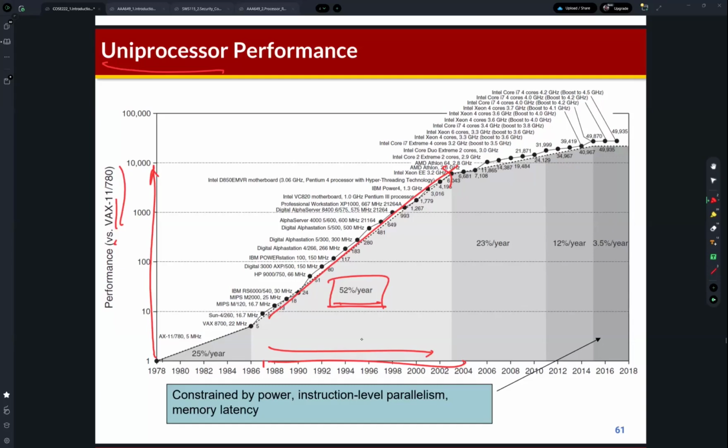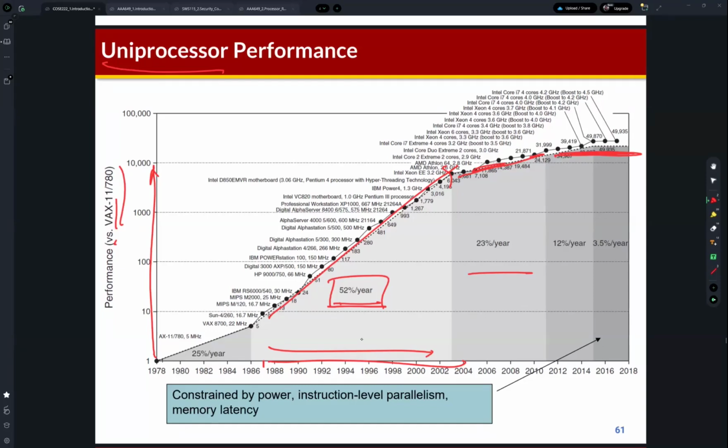Later the slope is reduced, but it still increased. But we can observe that recently the performance of a single uniprocessor is saturated.